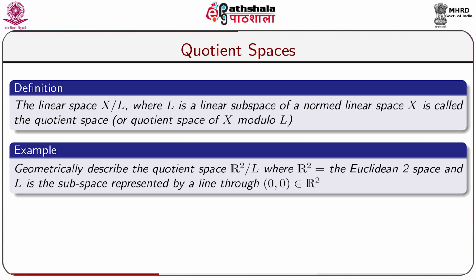So, we now give the geometrical interpretation of the quotient space. Geometrically, describe the quotient space R2 by L, where R2 is the Euclidean 2 space and capital L is the subspace represented by a line through 0, where 0 belongs to R2, that is, the line passes through the origin.